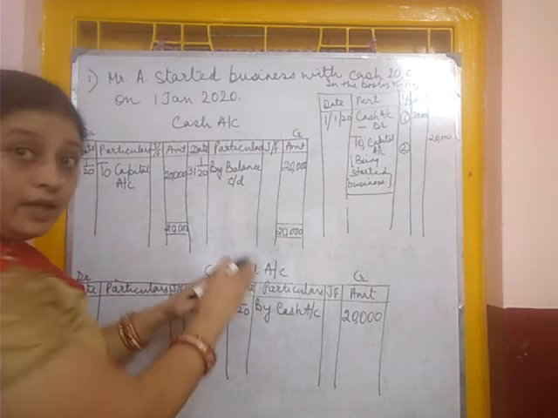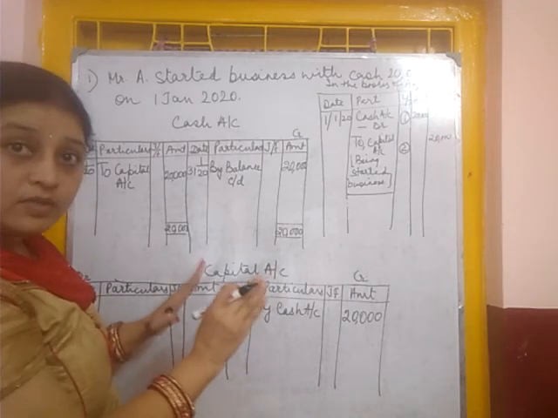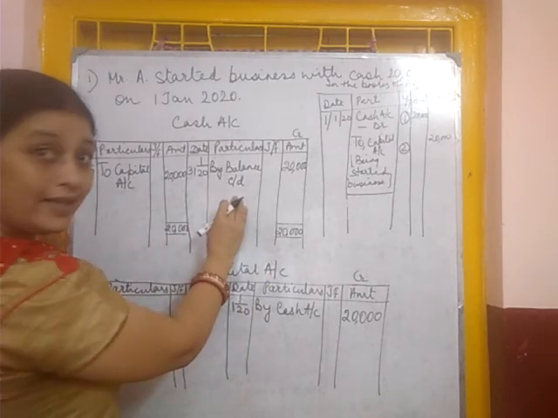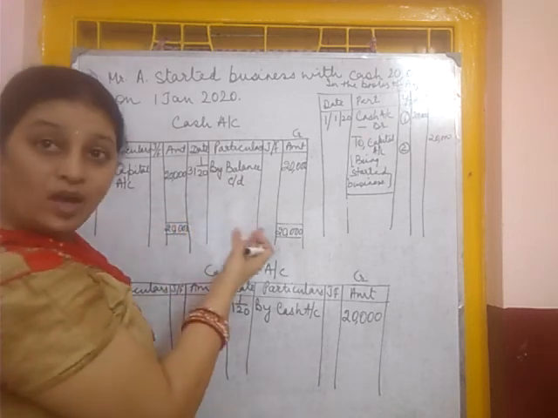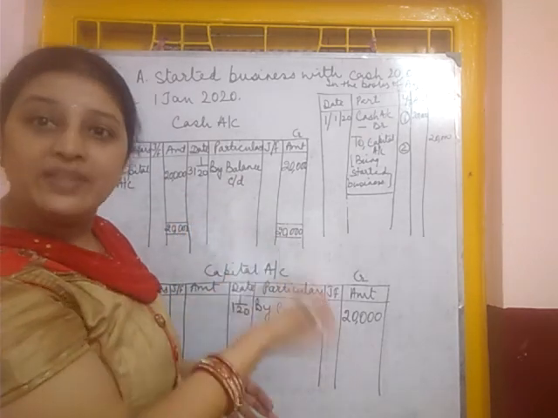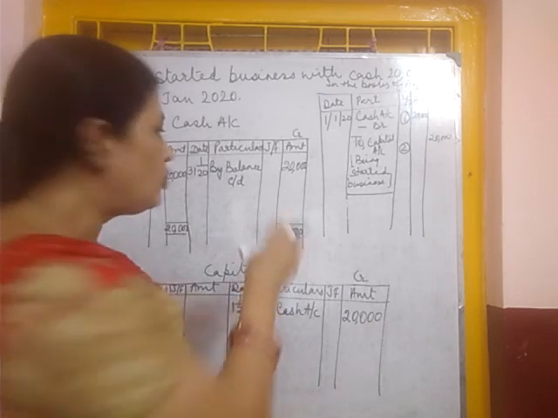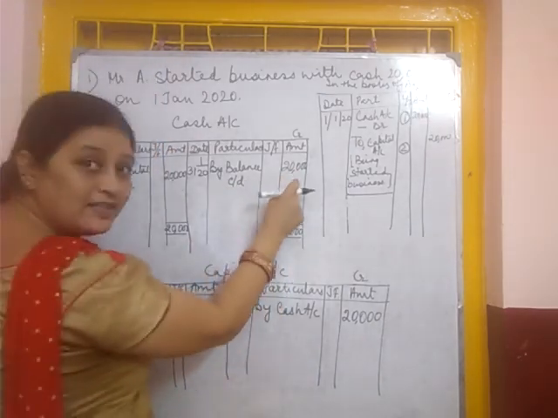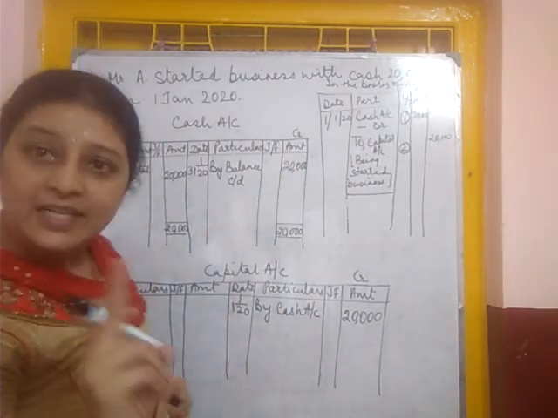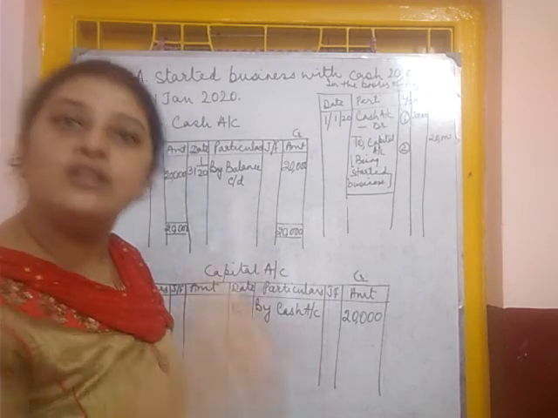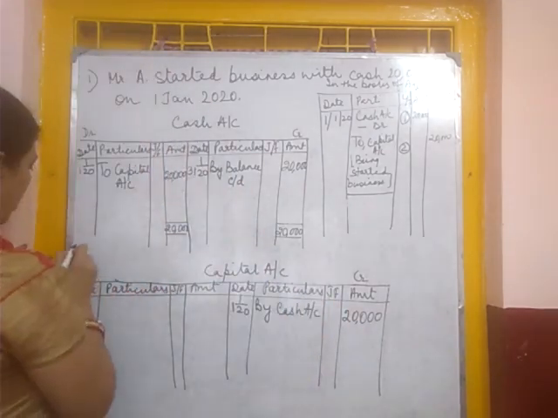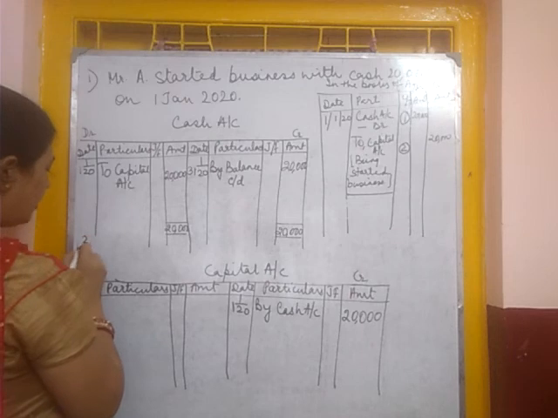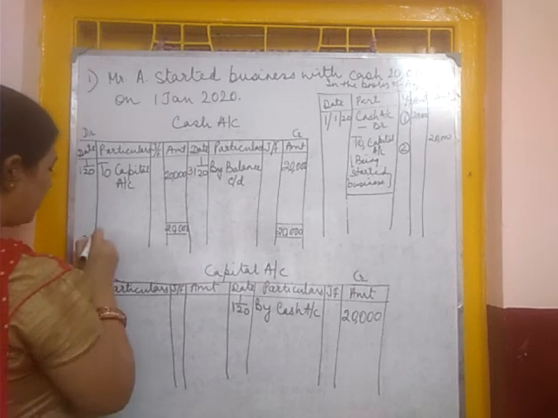But here the ledger account is not closed. Why? Because c/d means carried down. We have to do b/d. B/d means brought down. We have to bring down this balance on the first day of the next month. So here, 1st February 2020, what will we write?